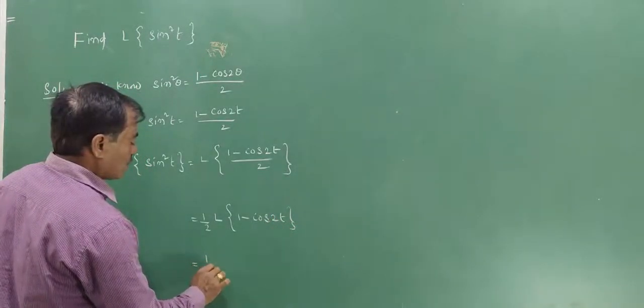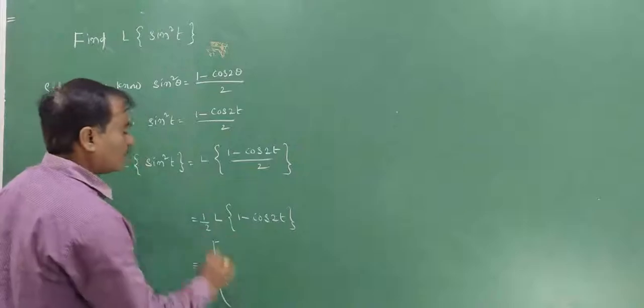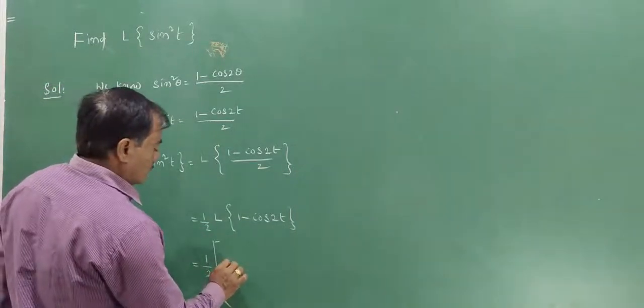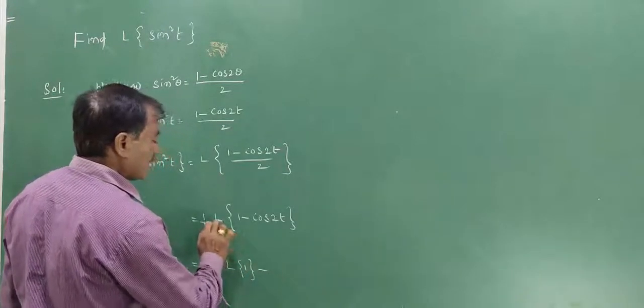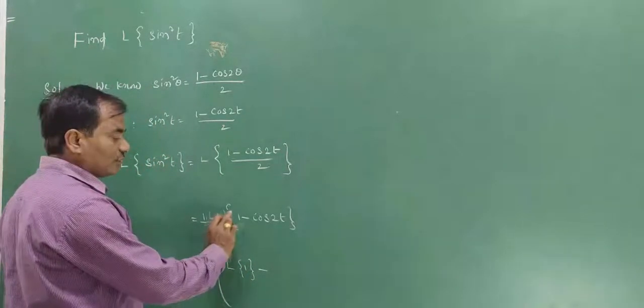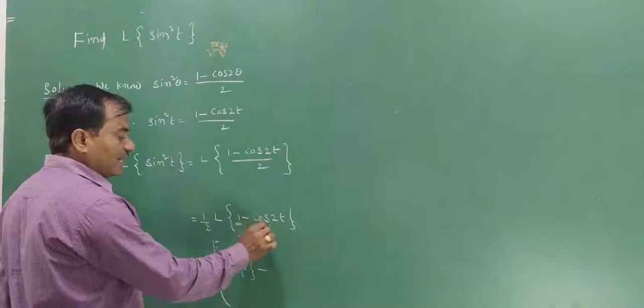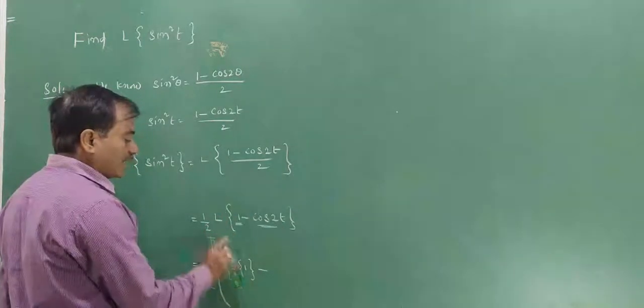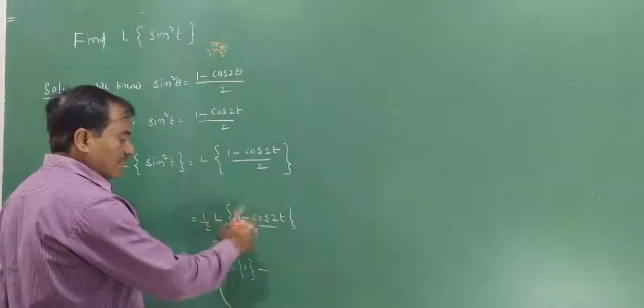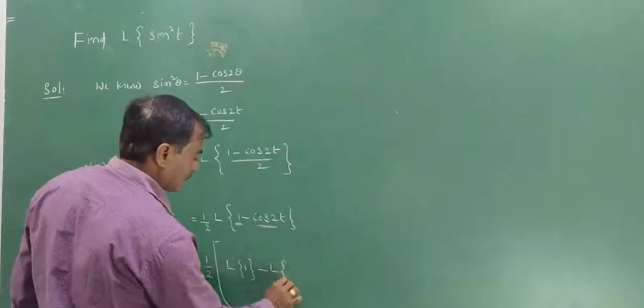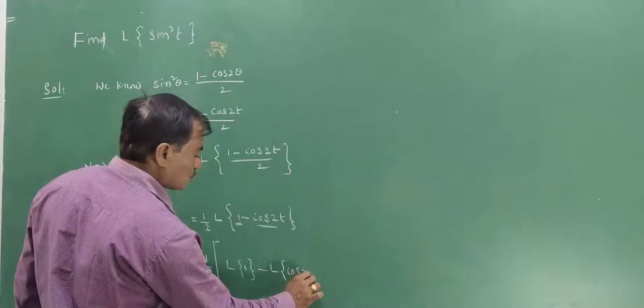Now we apply the Laplace transform to the first term and the second term. That's why we write the Laplace transform of 1 minus the Laplace transform of cos 2t.